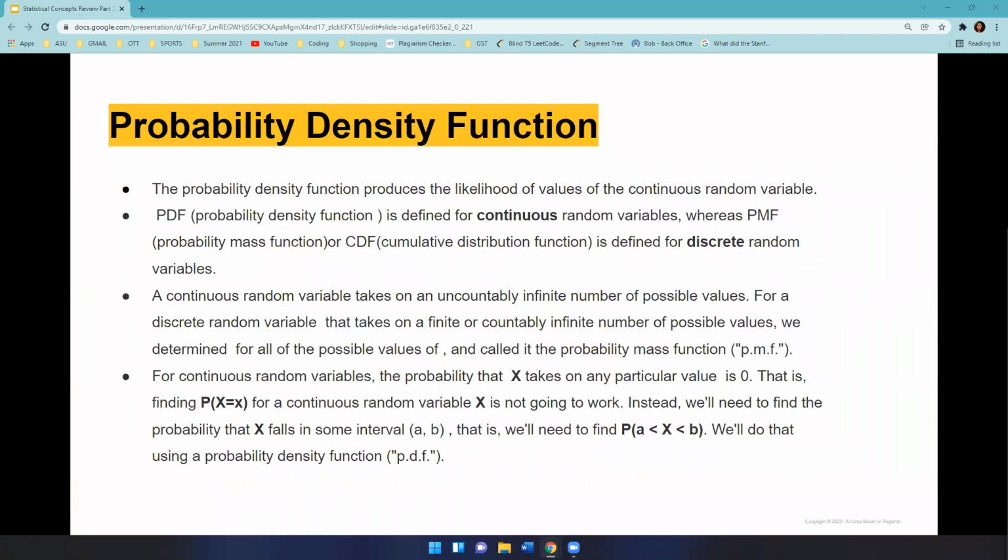As it says, it produces the likelihood of values of the continuous random variable. And there are two distinct terms, PDF, that is probability density function, and there is another term, PMF, probability mass function, or CDF, cumulative distribution function. PDF is basically used for continuous random variables, and PMF or CDF are for discrete random variables. They both calculate the same thing, but one is for continuous random variables and the other one is for discrete random variables.